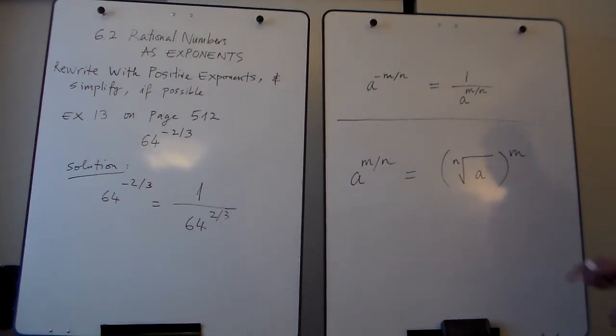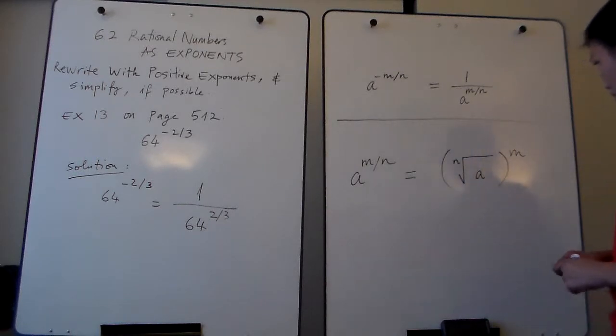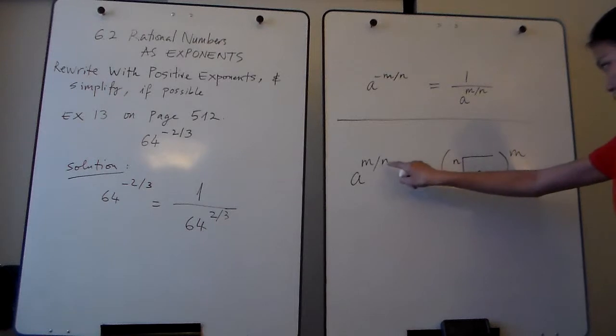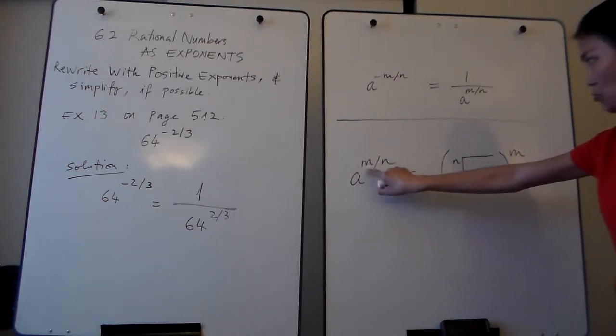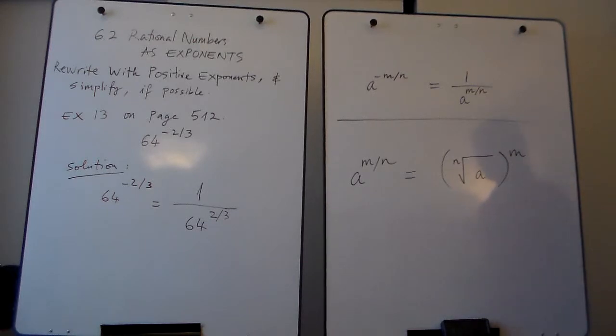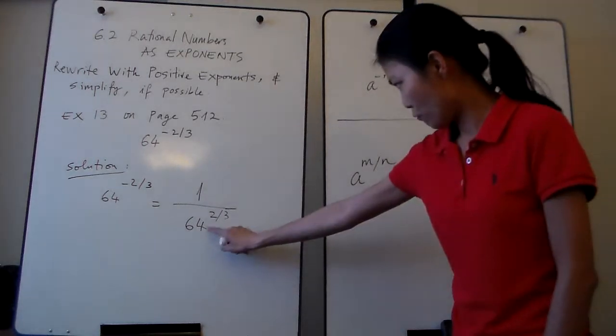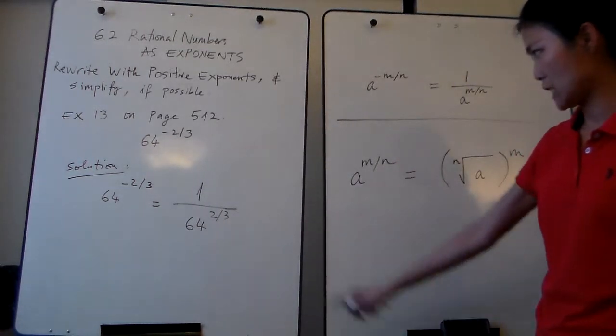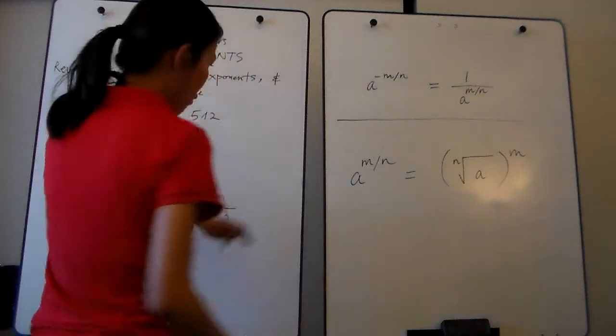Okay, we learned that earlier. So a with the n root came from the n here, the denominator, and the m, which is the numerator, goes to the outside as the exponent. So let's use this formula for this, because we have 64 raised to some power, right? So we're writing this using this formula right here.